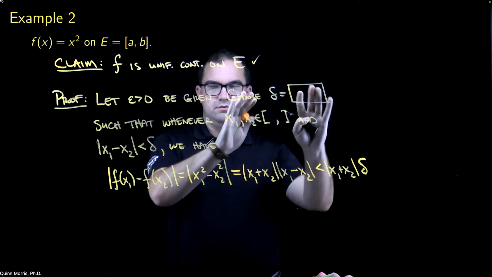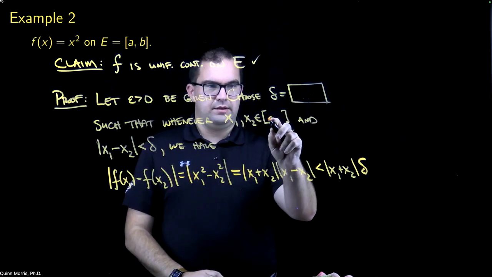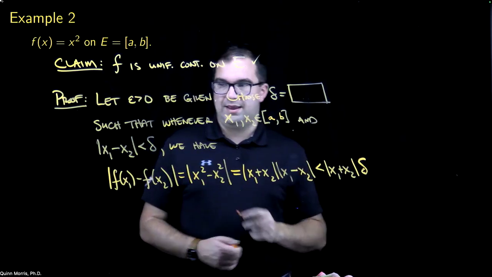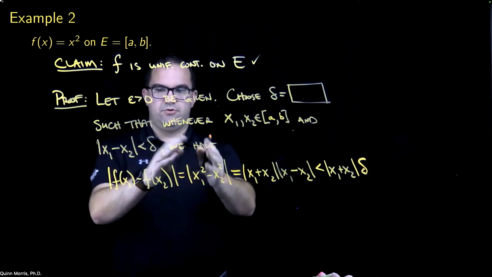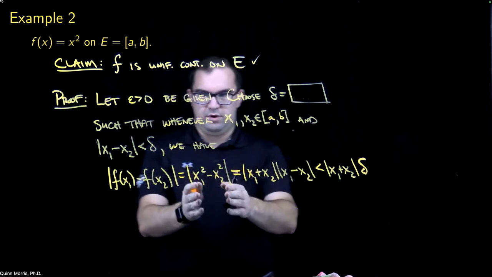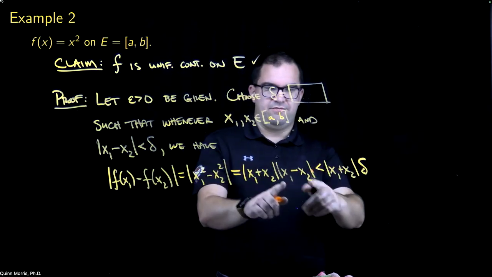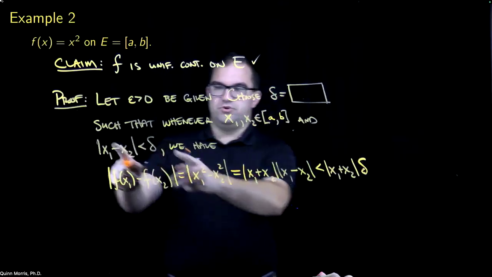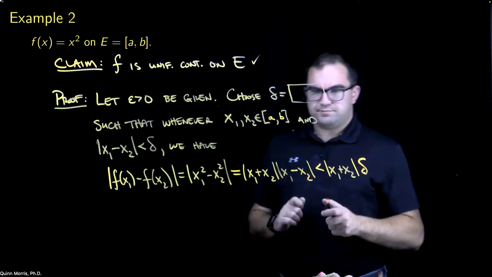I want to choose a delta somehow, I've got to figure that out, such that whenever x1 and x2 are in the closed interval [a, b] and the absolute value of x1 minus x2 is less than delta, we have, well, this is just plugging in what f of x is. This is just doing some factoring. This is using the fact that the absolute value of x1 minus x2 is less than delta, which is part of my definition. So great.